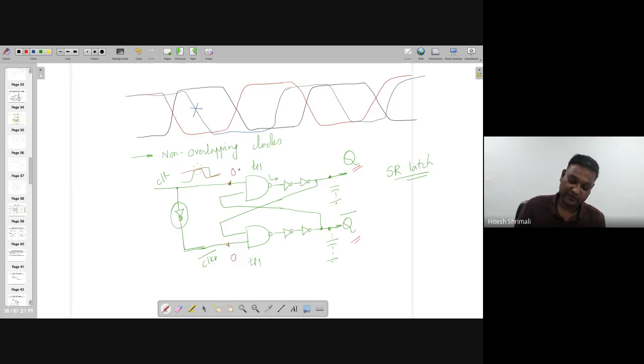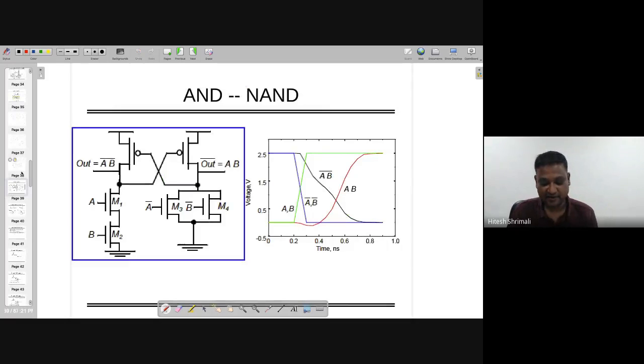If any one of the inputs is 0, the output is 1. So if both are 0, then it's an invalid state. We are ensuring that by the NOT gate kept over here. Anyway, that is how we made this, and you can create the AND gate and NAND gate together. So complementary outputs are available.